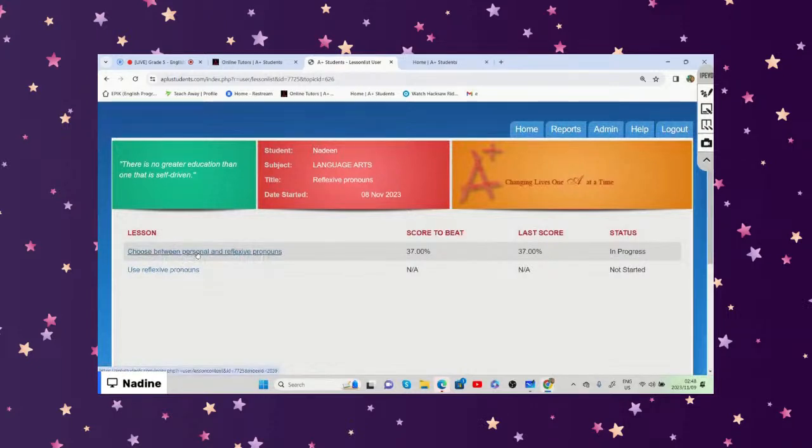Remember, personal pronouns refer to, for example, me or them or you or he or she or they. Those are all personal pronouns. And remember, a pronoun takes the place of a noun or nouns. And then we have reflexive pronouns. The reflexive pronouns either end in self or end in selves.